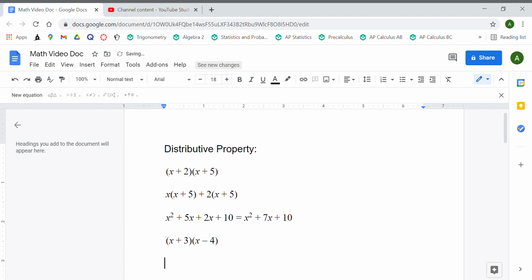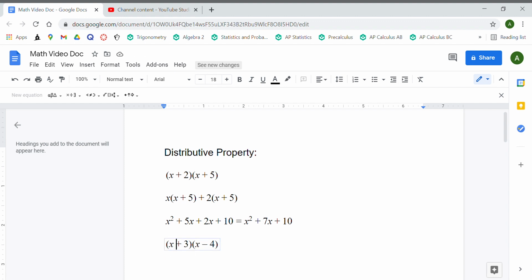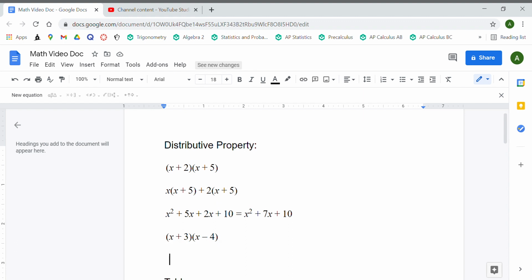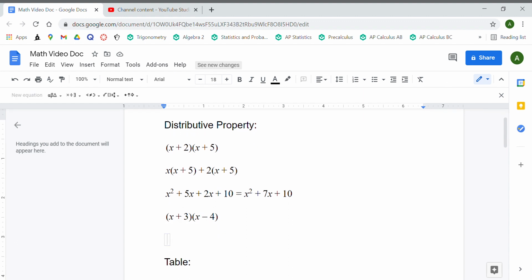Okay, so let's give it a try. What we do is take every term in this first binomial and multiply it by this. So it's going to be x times x minus 4 plus 3 times x minus 4.